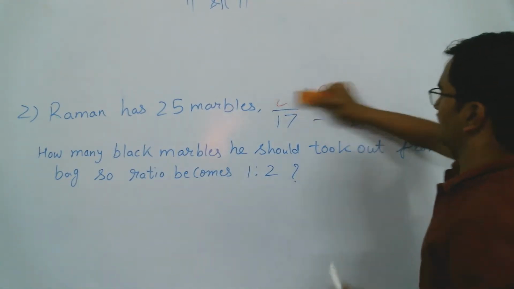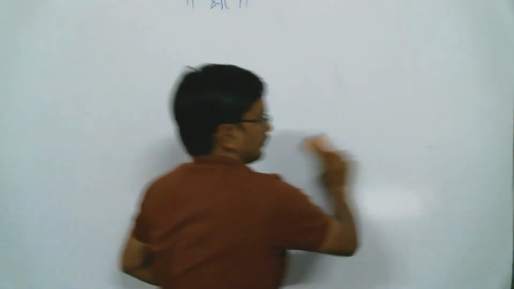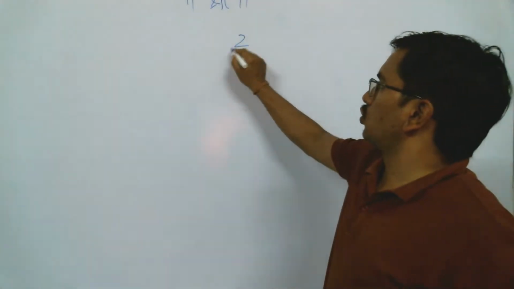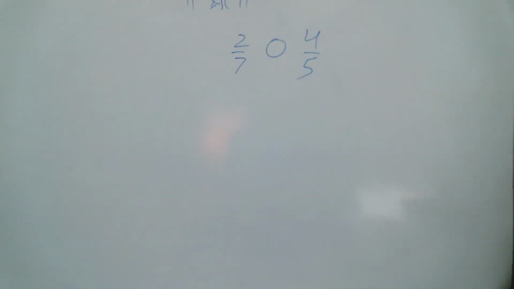Okay. Yesterday you all tried to compare the ratios. 2 by 7 or 4 by 5, which one is greater?